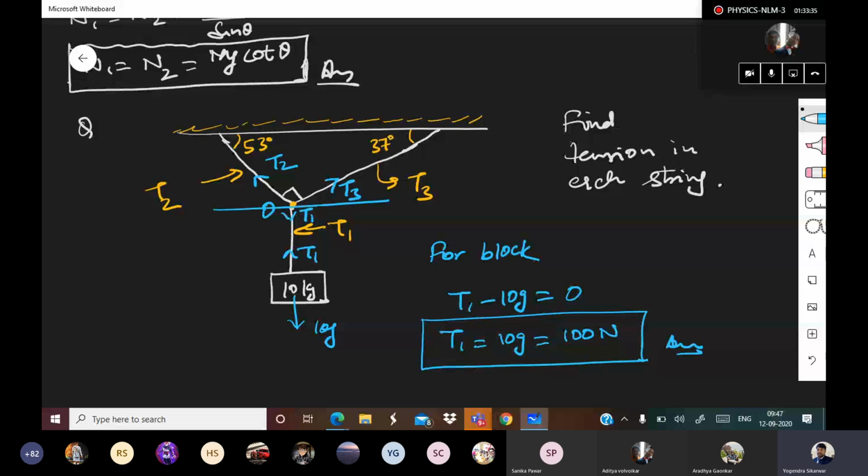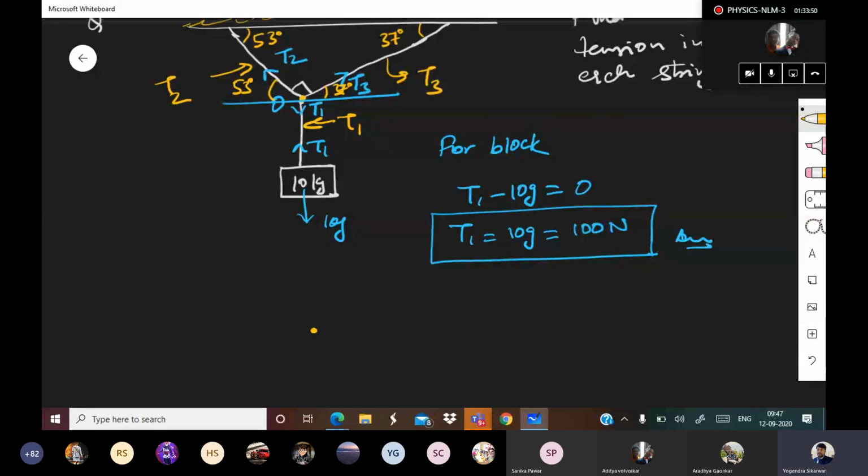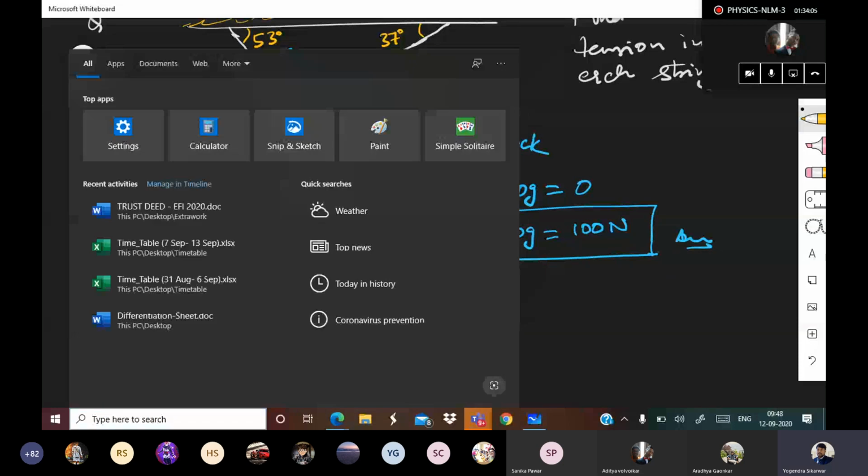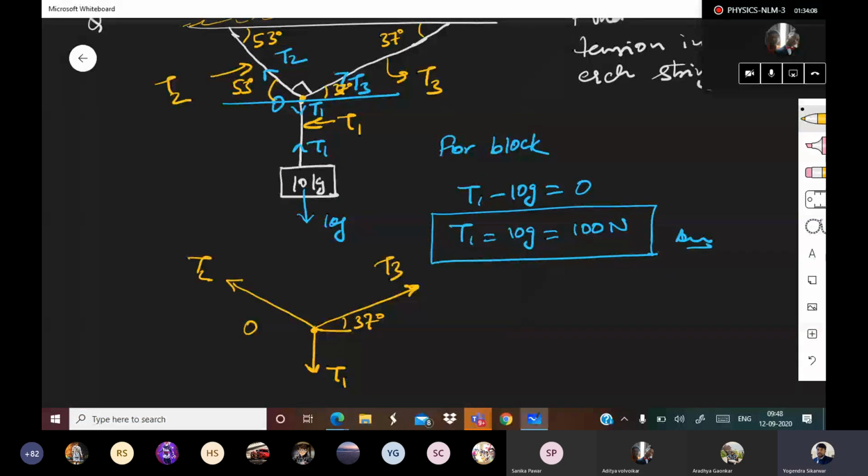Suppose this is a horizontal line, then this angle will be 37 and this angle will be 53.